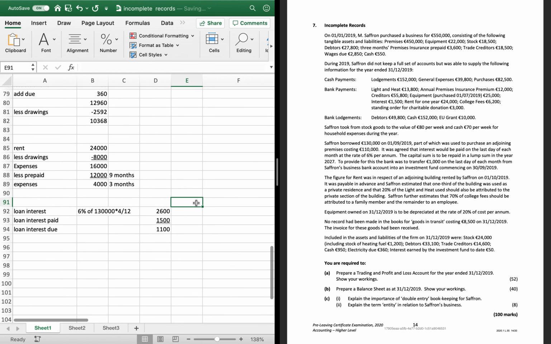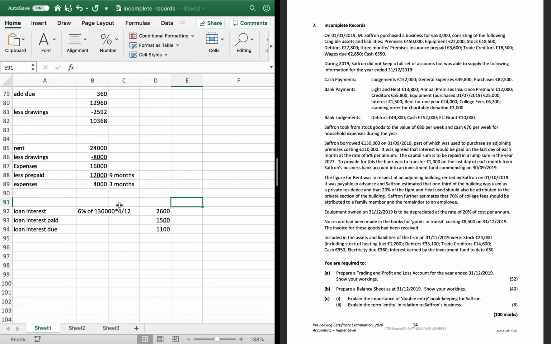Now, of the loan interest, some of it could be for the private section of the business. So we go down and check. It's normally down here, Safron estimates. Where is it? Oh, there's none of it. So there's normally drawings on the loan interest, but not in this case.